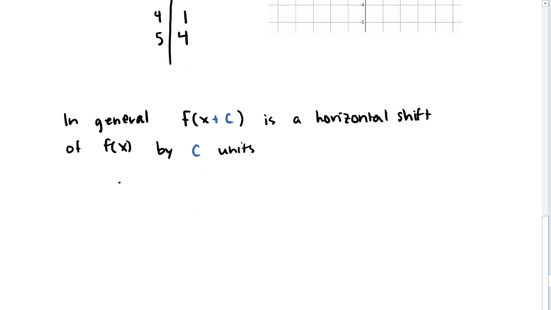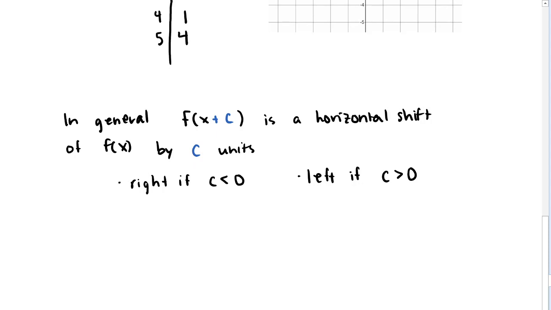And so this shifts the graph to the right if c is less than 0, if c is negative, if we're subtracting from our input, and it shifts the graph left if c is greater than 0, right? We saw earlier that when we had f of x plus 2 in the input, this amounted to shifting our graph to the left 2 units.